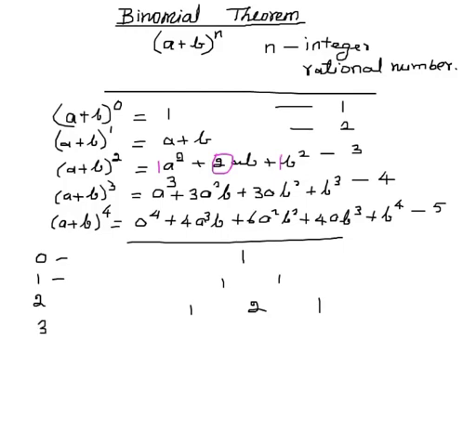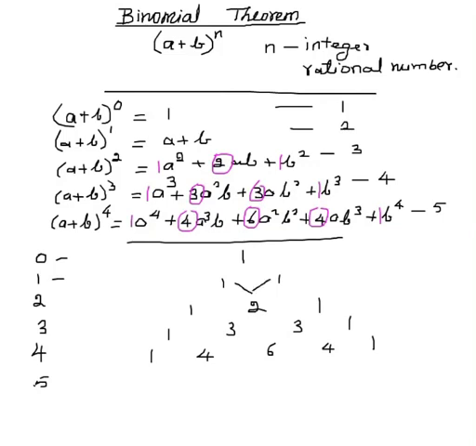Then for the index 3, see the coefficients. We have 1, 3, 3 and 1. And for the index 4, the coefficients are 1, 4, 6, 4 and 1. We can write the coefficients for the index 5.